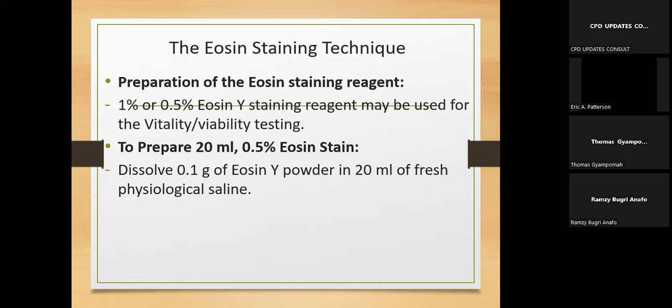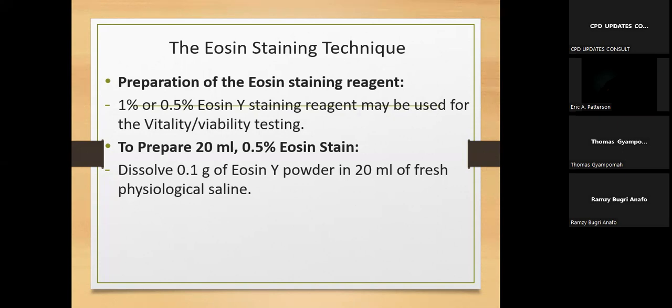What will you do to get your 20 mils? 0.5% actually means 0.5 grams in 100 mils, so if you take 0.5 grams and dissolve it in 100 mils, you get your 0.5%.